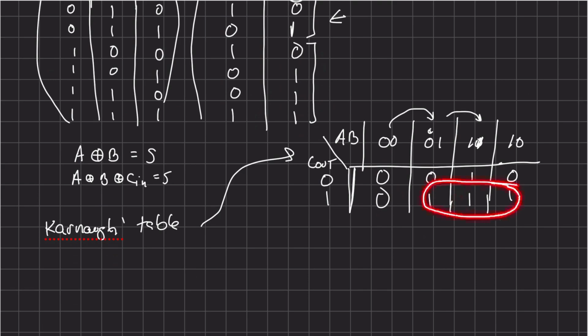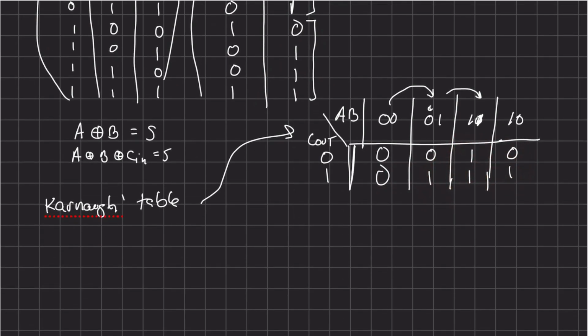The problem with using these 3 is that the group needs to have a power of 2 elements. So 3 is not a power of 2. I can circle only 1, 2, 4, or 8, etc. Okay, so I need to group by power of 2. So one way we could look at this is group these 2 there, group these 2 there, and group those 2 there. Okay.